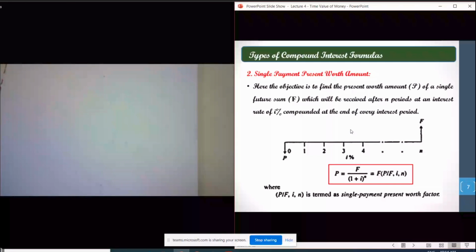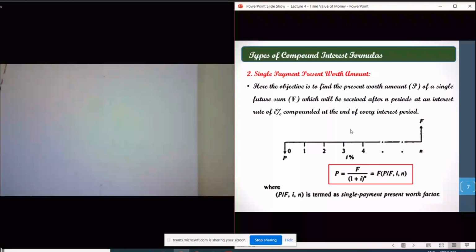It is the same general compound interest equation, but the factor which we are going to calculate is different. We have just rearranged it. Instead of F earlier, we are going to calculate it for P. So again, your formula becomes F divided by (1 plus i) whole to the power n.